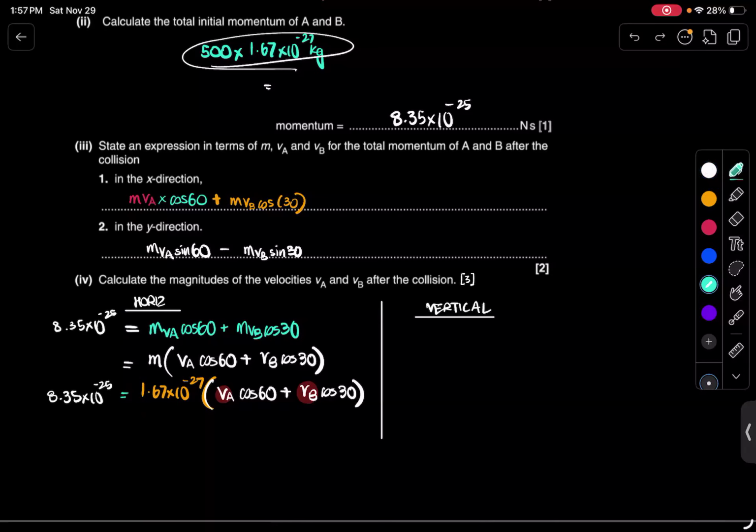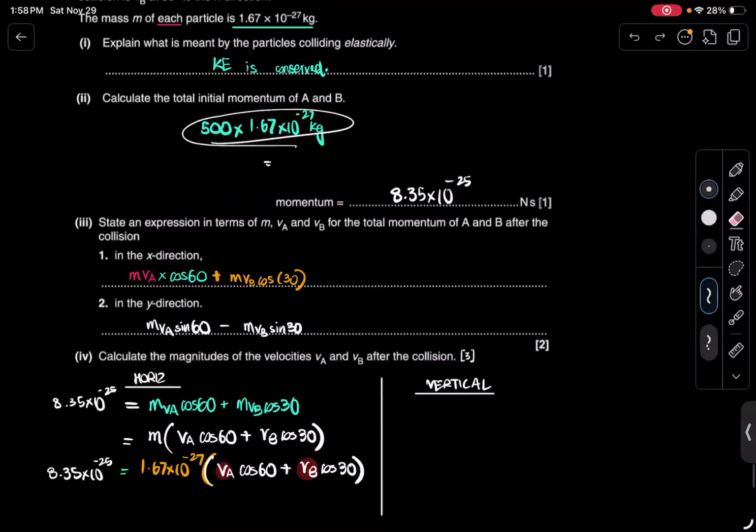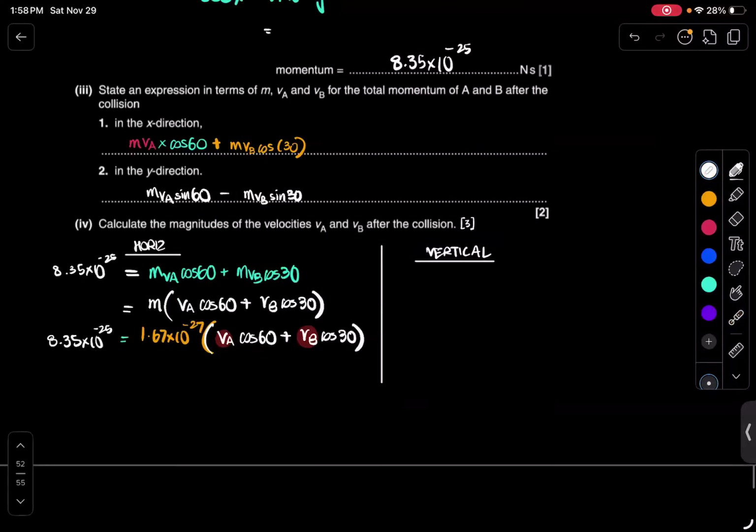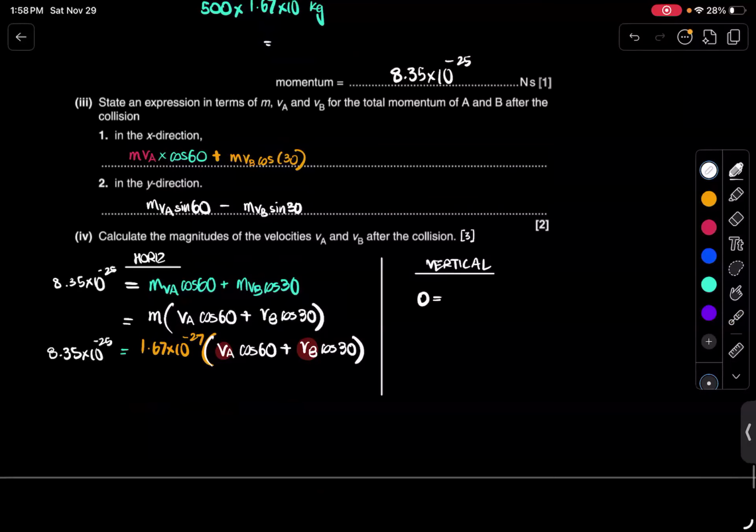Now, since we don't know VA or VB, we'll have to look somewhere else. What is the total vertical momentum? Vertical momentum initially was 0, right? Neither ball is moving vertically. So 0 equals what was the total vertical momentum after collision?